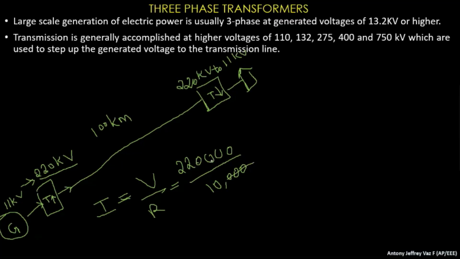So you will get a current of 22 amperes, but in the previous case you only got 1.1 amperes. Here you are getting a higher value of current, and the voltage corresponding to this will also be higher. So you can run your household appliances here. This is a very simple example to understand why you need a transformer, that is, a three-phase transformer.